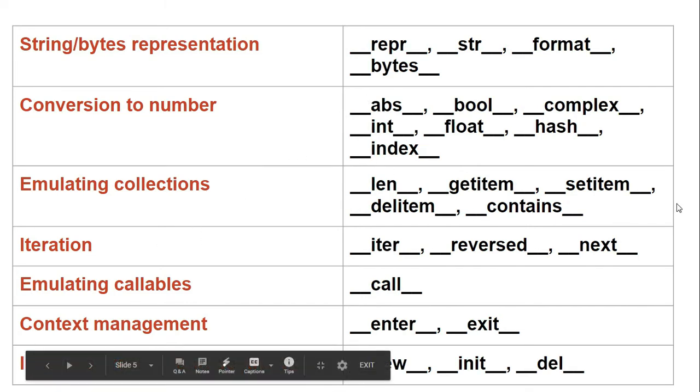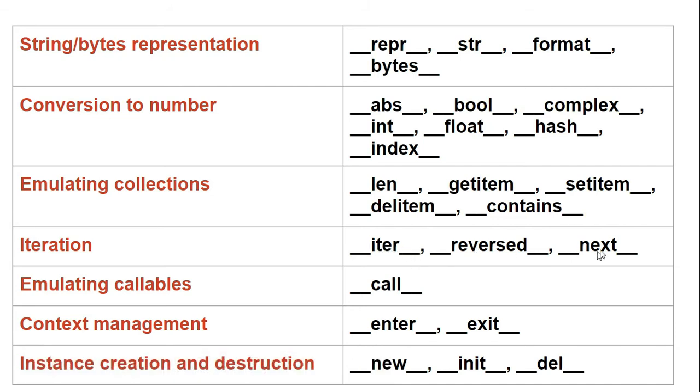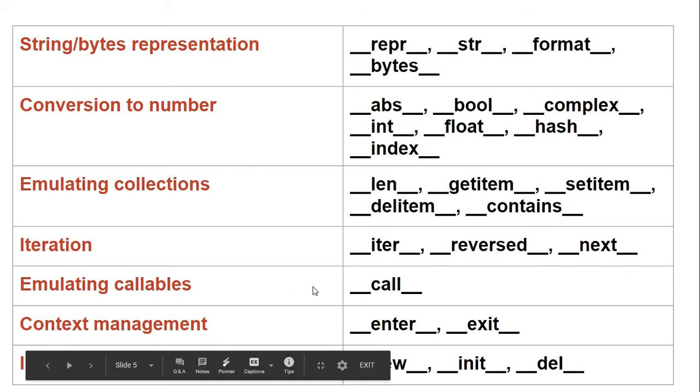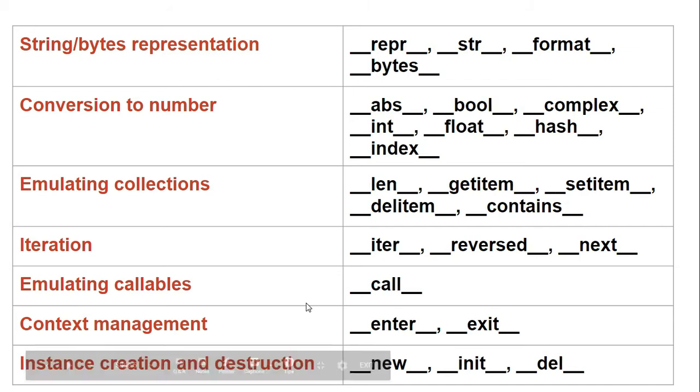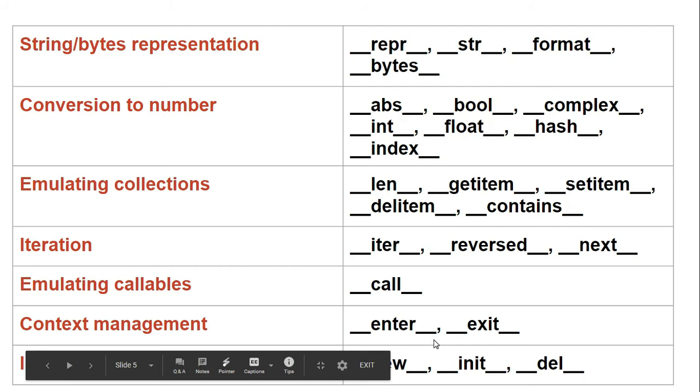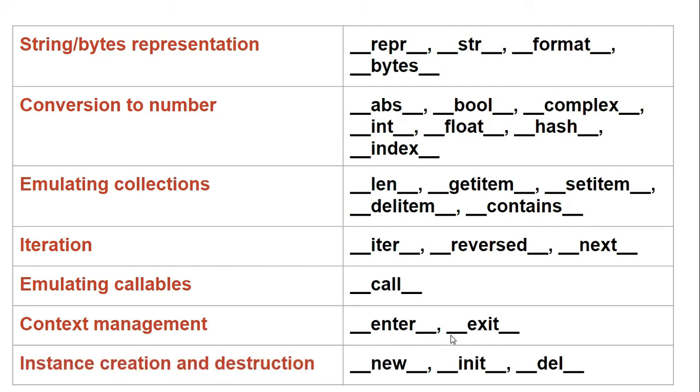Similarly for iteration, the __iter__ and __next__ methods are called. For the context manager, when you enter a particular context, the __enter__ method is called, and when you exit from the context, the __exit__ method is called.